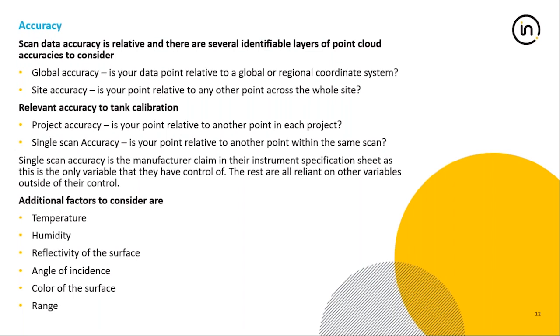Also the color, because some colors are going to absorb more light or reflect more light, and that is also going to affect the accuracy of your measurements by creating noise, or creating points where you can't measure properly. And also the range, and that relates to the equipment: how much further can you actually get a correct measurement.